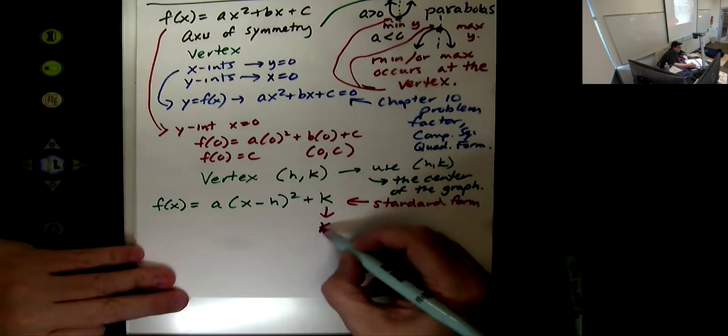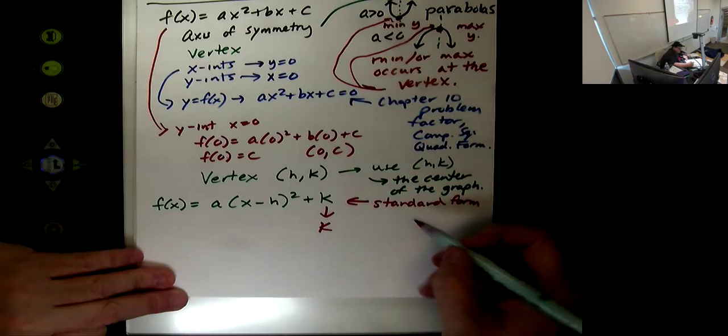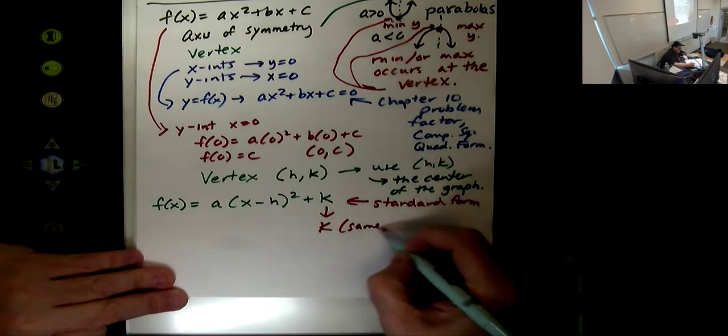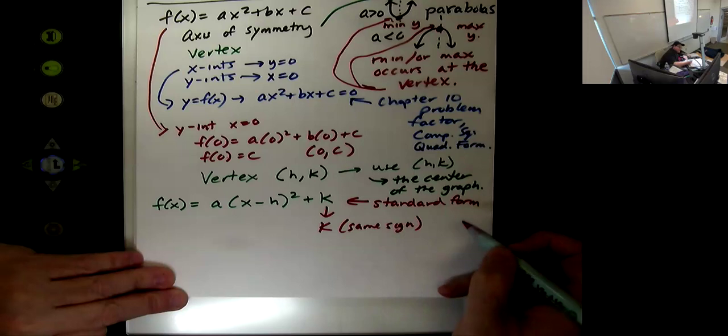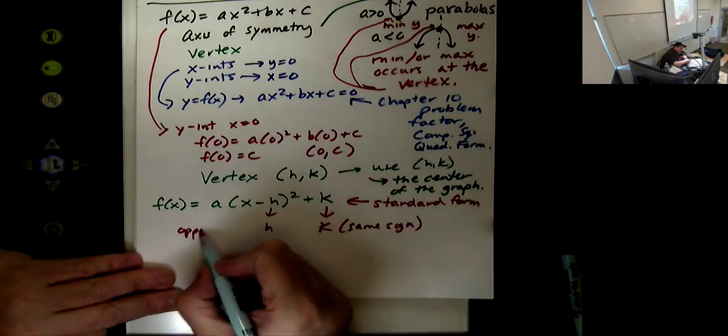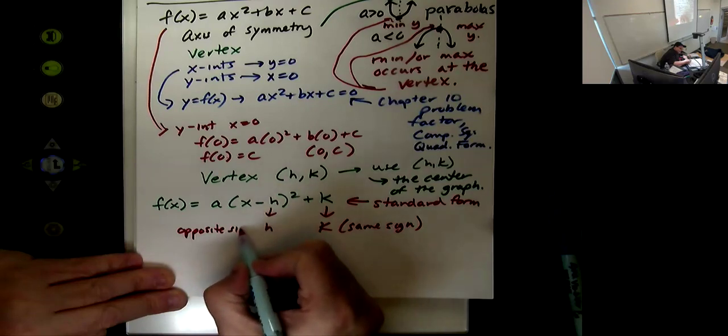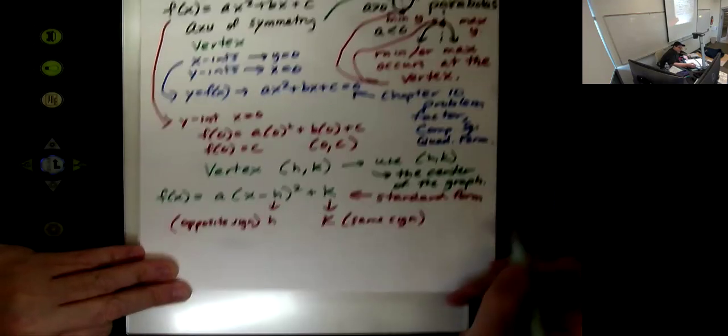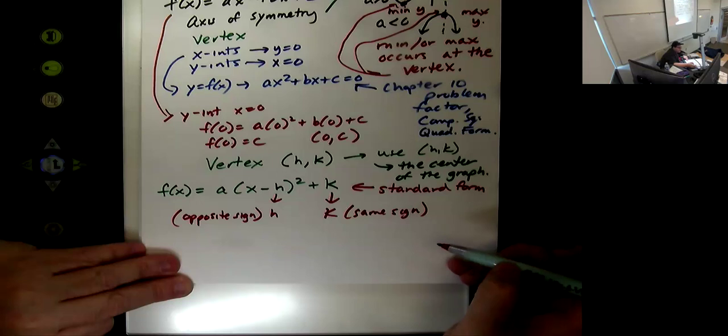K is just k. It's right there. Same sign as what you see in the equation. H is the opposite sign. So if it's positive, you're going to make it negative. If it's negative, you're going to make it positive.